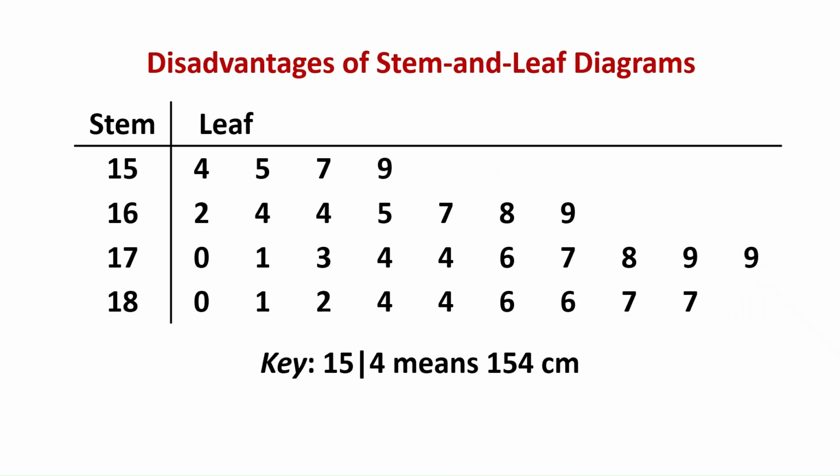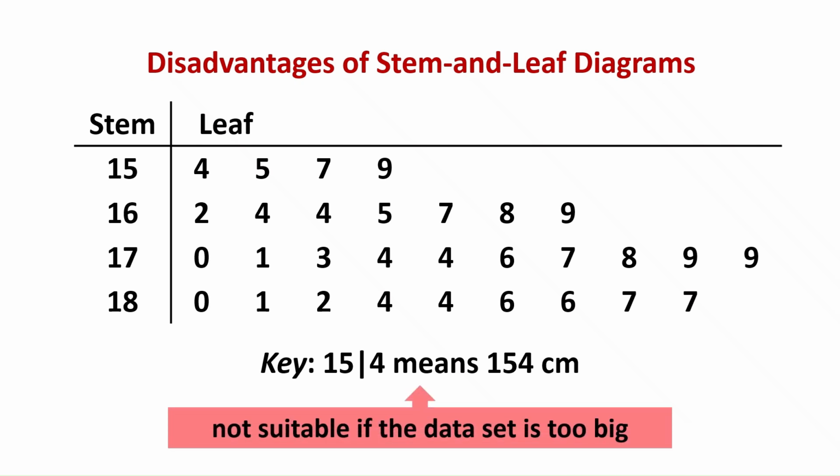Even though we can construct a stem and leaf diagram with split stems, when there are too many leaves in one stem, stem and leaf diagrams are not suitable for data sets that are too large. Imagine if a data set has 500 data values. We will need to have 500 leaves.